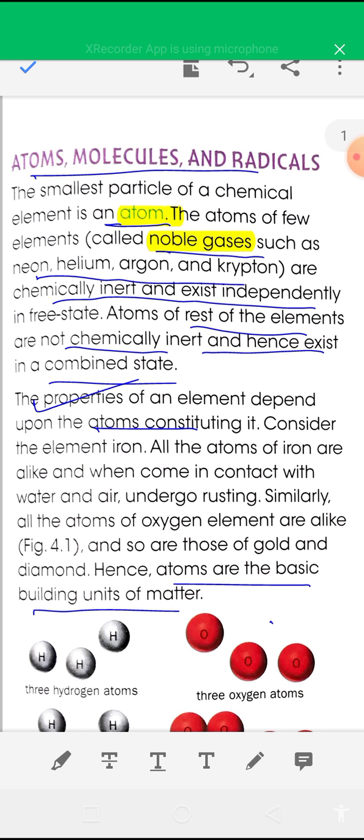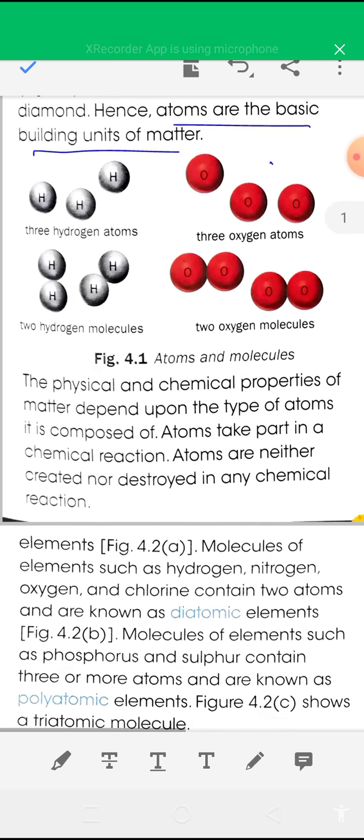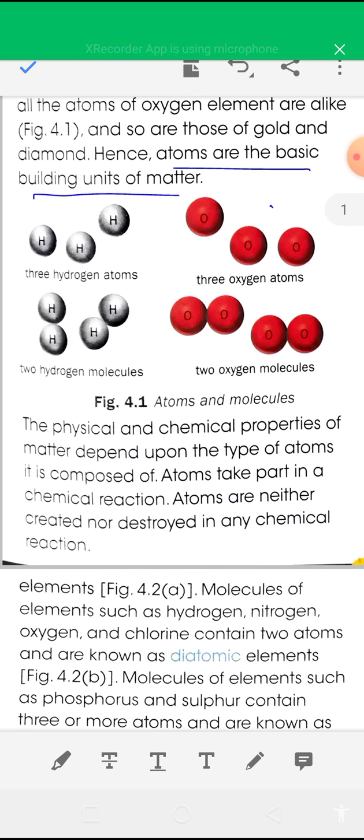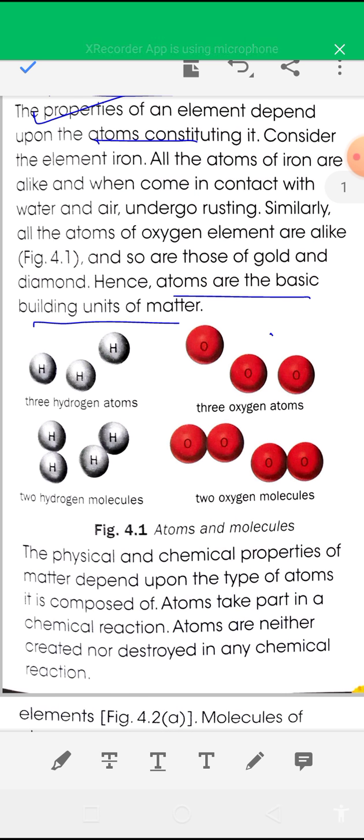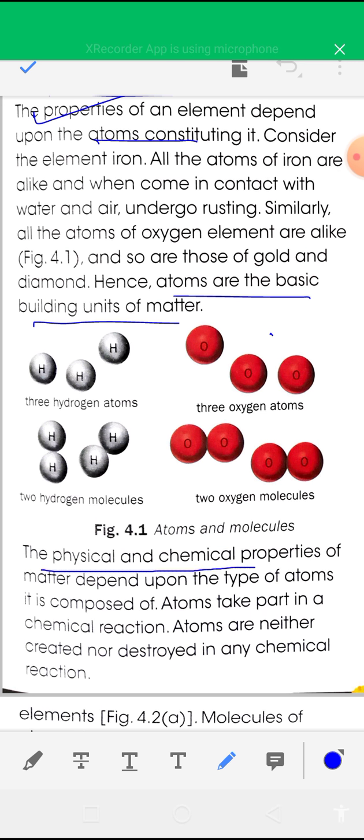All matter is composed of some type of atoms, and the physical and chemical properties of matter depend upon the type of atoms it is composed of.